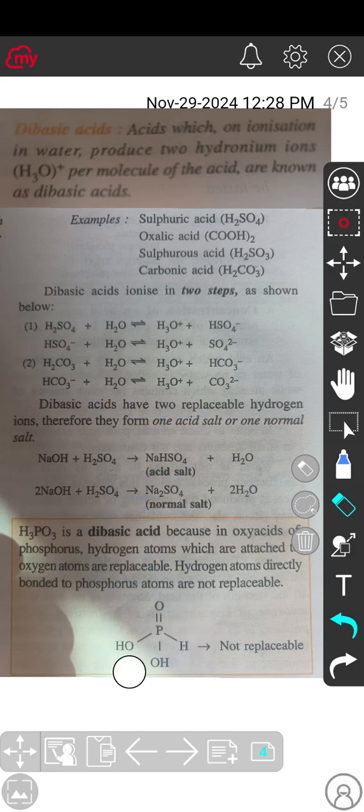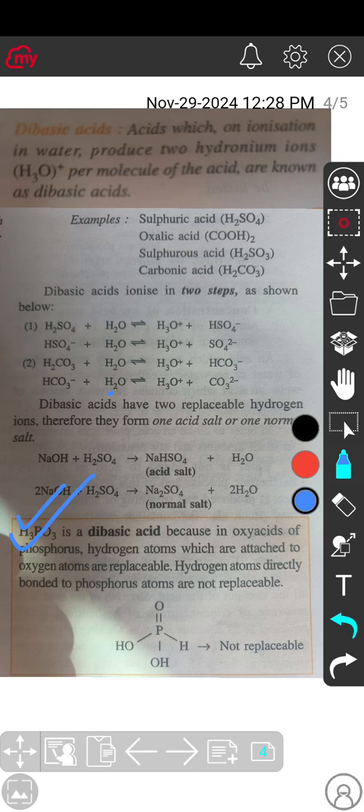Now an important note: H3PO3. You can see there are three hydrogen atoms. As I told you before, if there are three hydrogen atoms, you might think the basicity of the acid will be three. No, it is a dibasic acid.